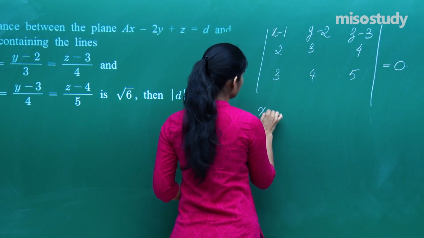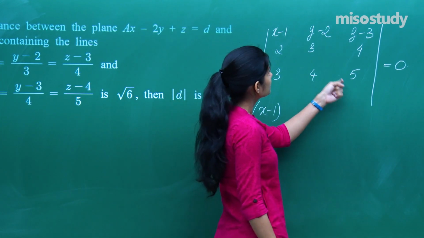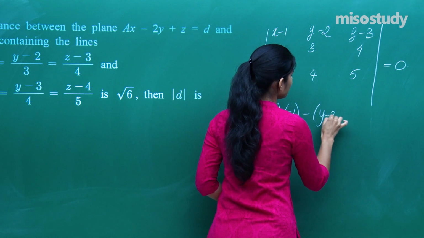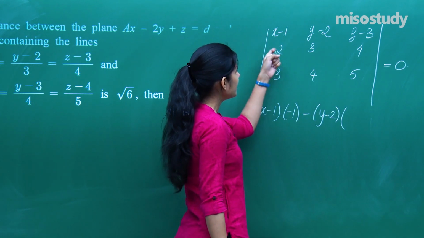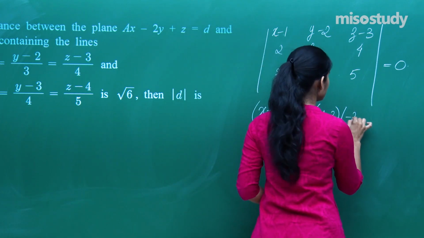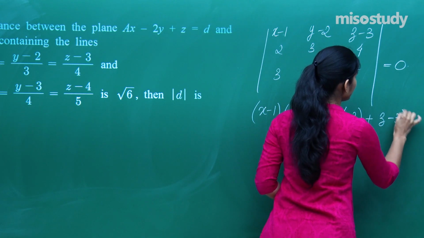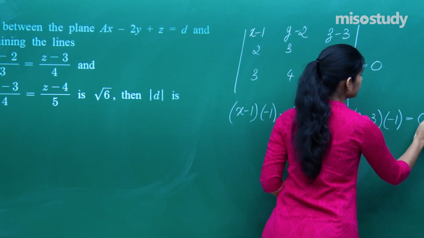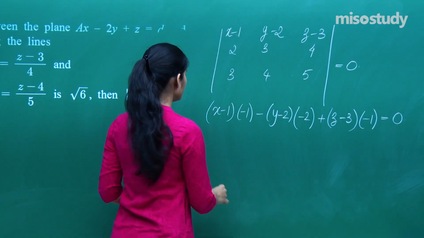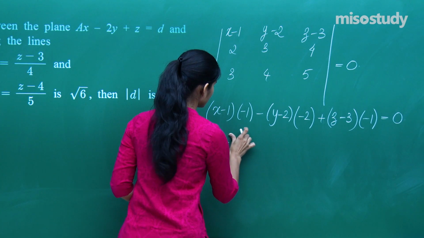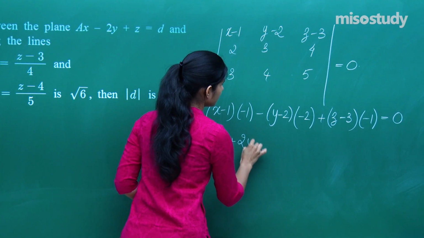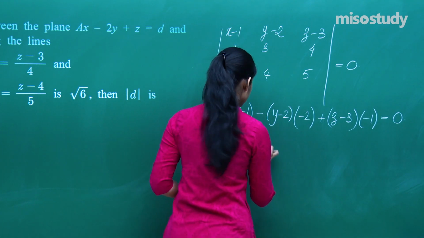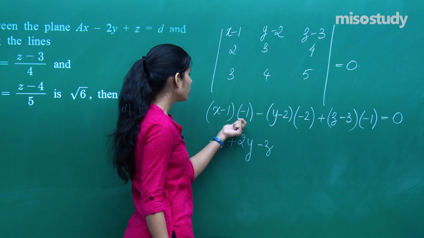So you basically get (x − 1) into (15 − 16, that is −1), minus (y − 2) into (10 − 12, that is −2), plus (z − 3) into (8 − 9, that is −1). Fine. So you basically get −x + 2y − z, and then you have what?